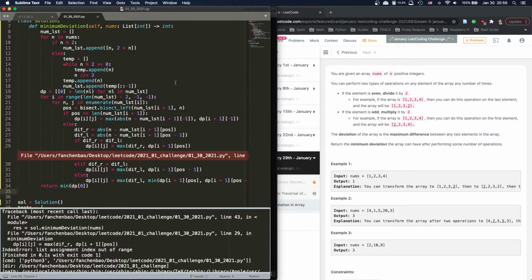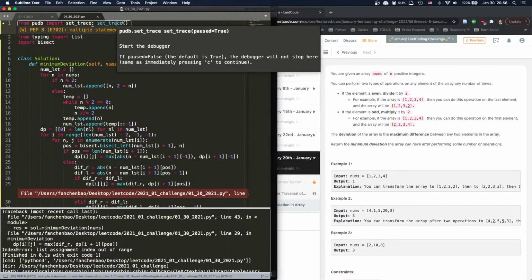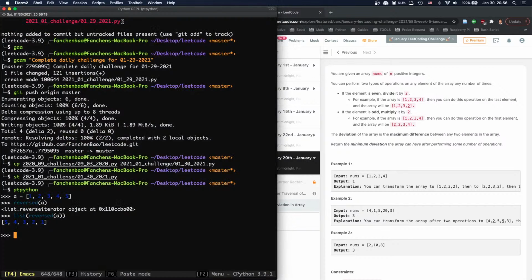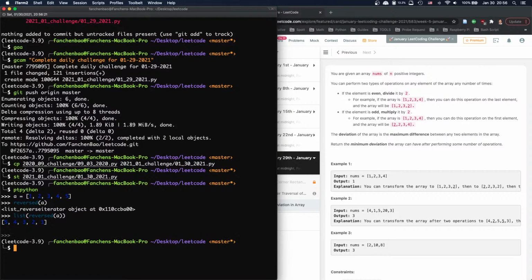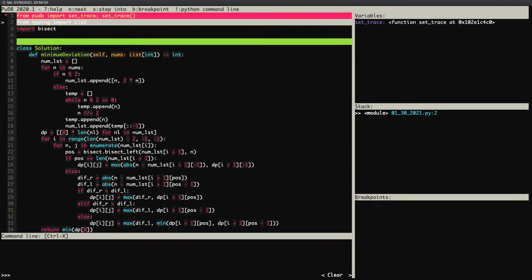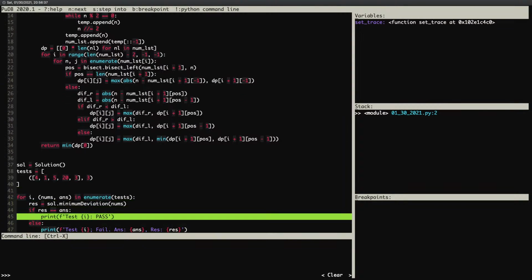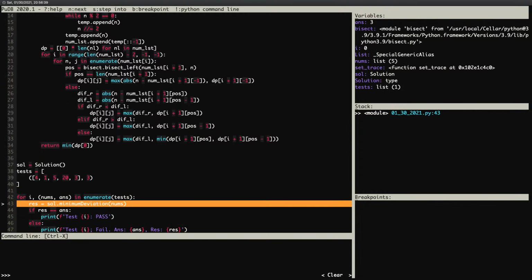Alright, I don't know. We need to run a little more magic here. Python 3. Alright, let's debug it. Oh, we're gonna run this.